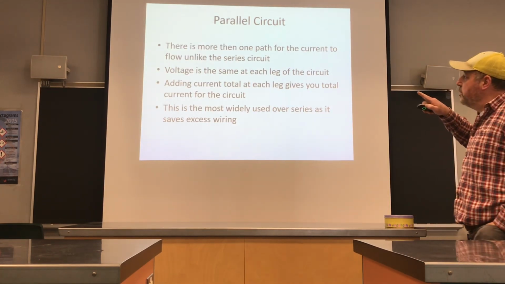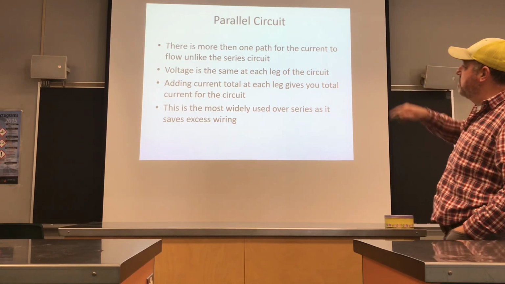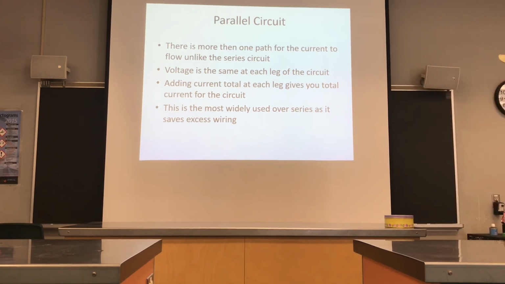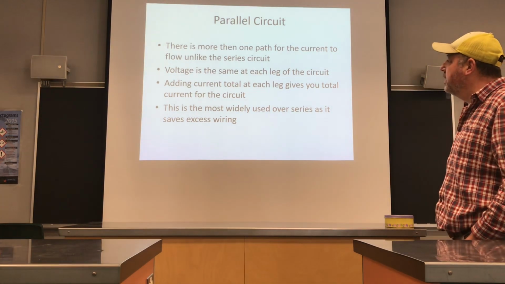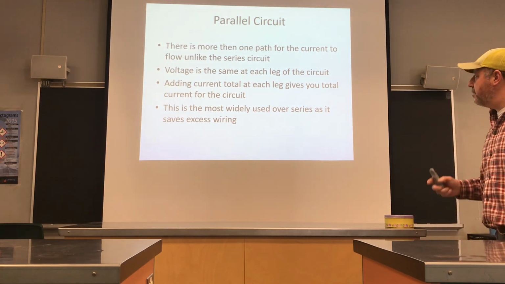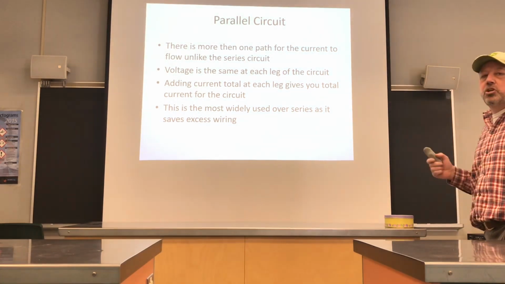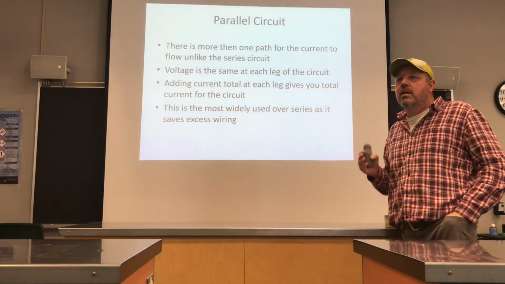We talked a little bit about parallel circuits. In this case, there's more than one path for the current to flow, unlike a series circuit where it's one big chain. Voltage is the same at each leg of the circuit. The voltage doesn't change from one to the next.